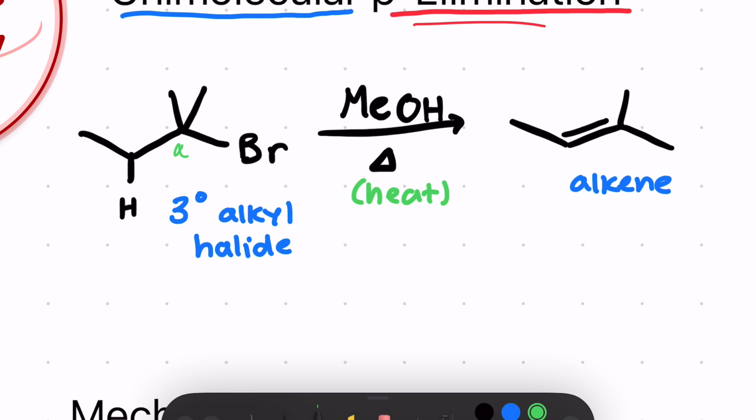So I'm going to make an SN1, SN2, E1, E2 summary video in a little bit. That's going to help clarify a little bit of what we're observing here. But for now, I want you to understand that heat usually suggests elimination, both for E1 and for E2. We didn't really talk about it in E2, but we will.